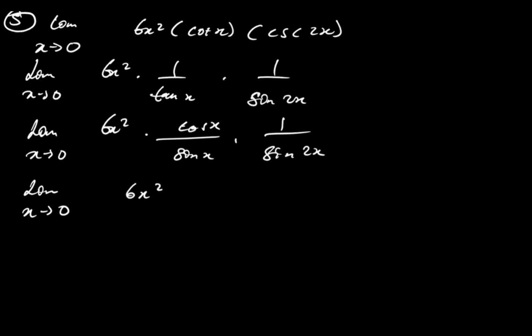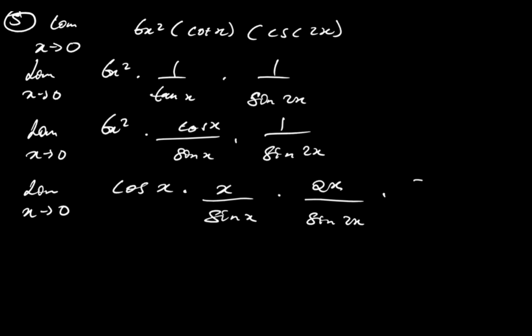6x squared times, let's put it in a way that is simple to understand, cos x times x over sine x, because I pull out the x from 6x squared, then times, if I pull out the 2x, 2x over sine of 2x, and I remain with 3.